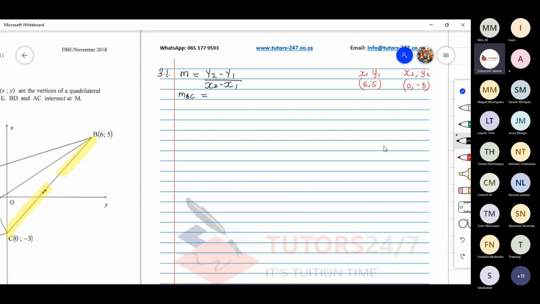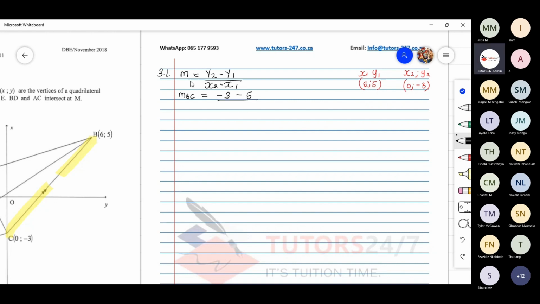Okay, so from this point, because we've now indicated which is 1 and 2, you could have just as easily used 0 and -3 as your 1 points. It doesn't matter which you use as long as you are consistent with it, okay? So from that point, you can substitute. y2, I've indicated -3 as y2. Now I need my y1 value. That is 5.